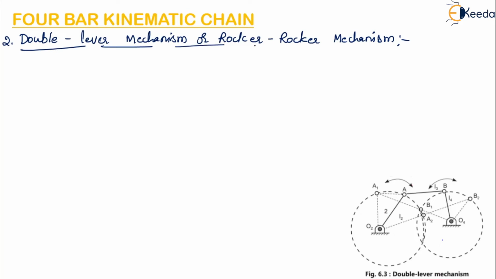So in this mechanism, both the links 2 and 4 can only oscillate. There is no rotation at all. There are two rockers, link 2 and link 4, both of them oscillating, not rotating.